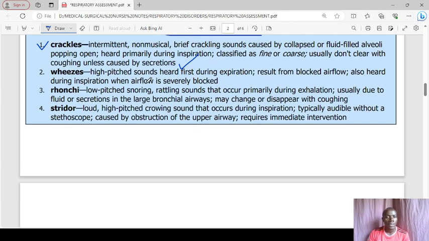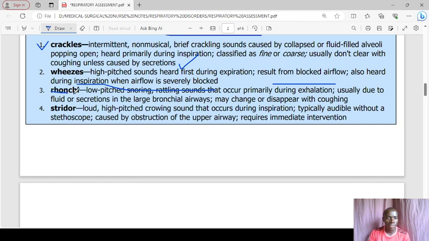Wheezes, these are high-pitched sounds heard fast during expiration. They result from a blocked airway and are also heard during inspiration when airflow is severely blocked.